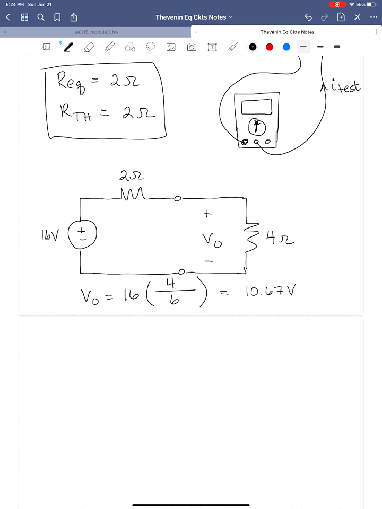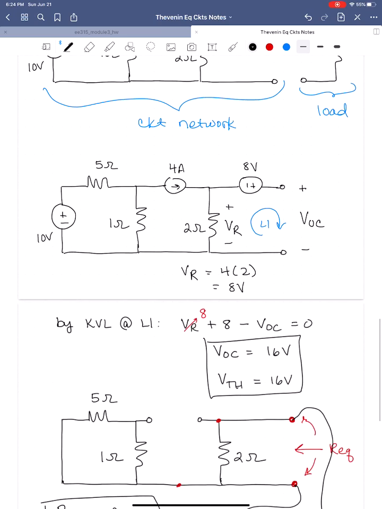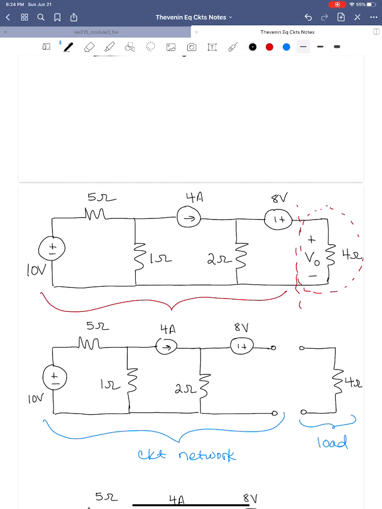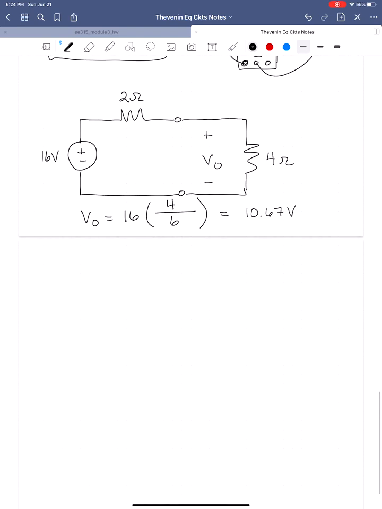So with our Thévenin equivalent circuit, we found the open circuit voltage, we found the Thévenin equivalent resistance, and we were able to solve for that voltage VO. If we went back to this original circuit and did nodal analysis or mesh analysis to solve VO, we would have gotten the same answer, or superposition for that matter. All right, let's do another example.